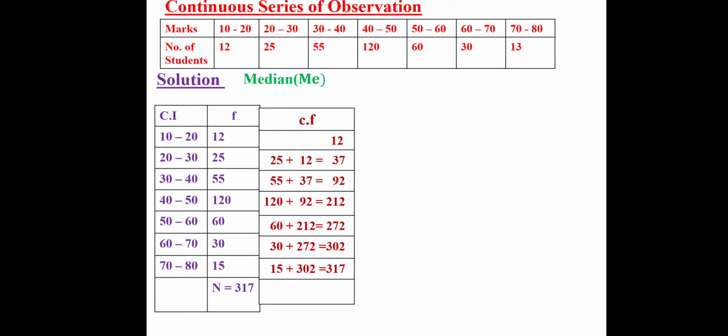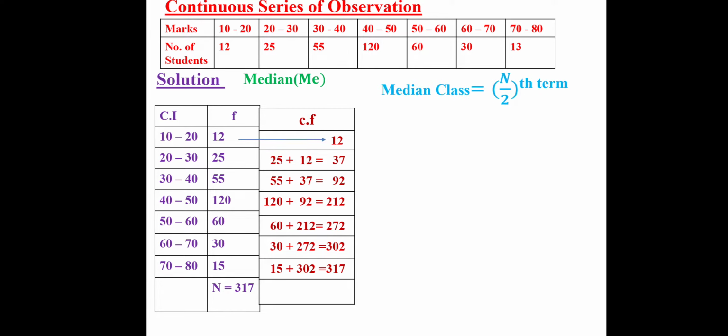How to find it? The first frequency stays as it is, then we add the next frequency to it. 12 plus 25, 37. 55 plus 37, 92. 120 plus 92, 212. 60 plus 212, 272. 30 plus 272, 302. 15 plus 302, 317. So the total frequency and the final cumulative frequency are tallied, which means what we did is correct.